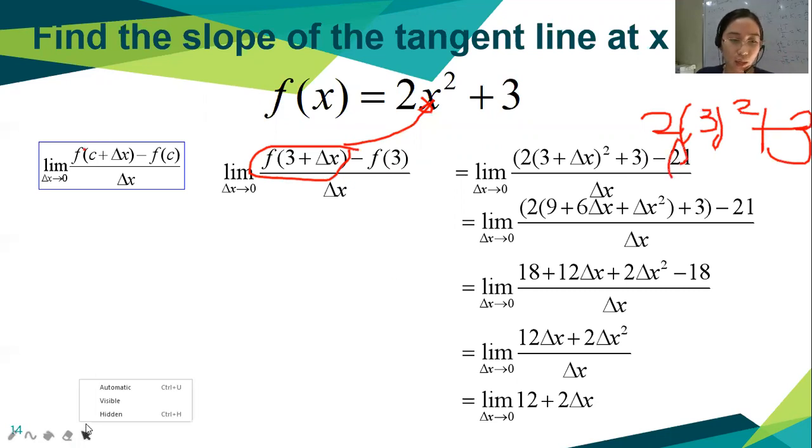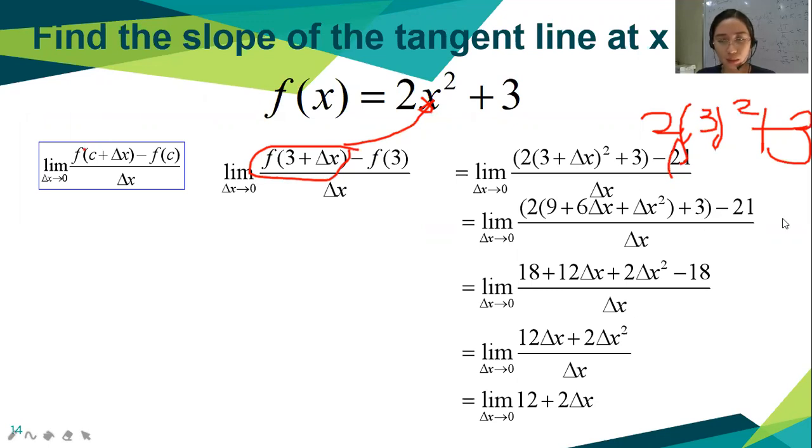Okay. So now let us simplify. 3 plus delta x squared is 9 plus 3 times delta x plus 3 times delta x, which is 6 delta x. Then delta x squared is delta x squared.